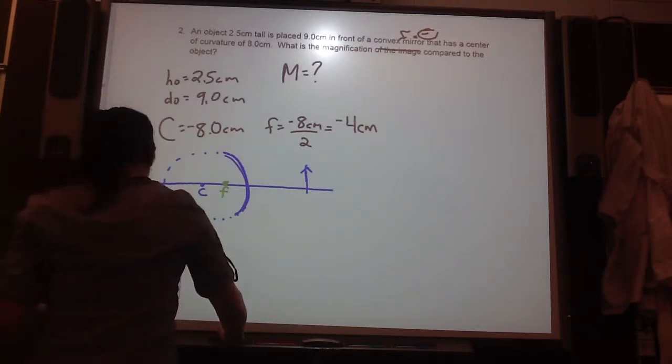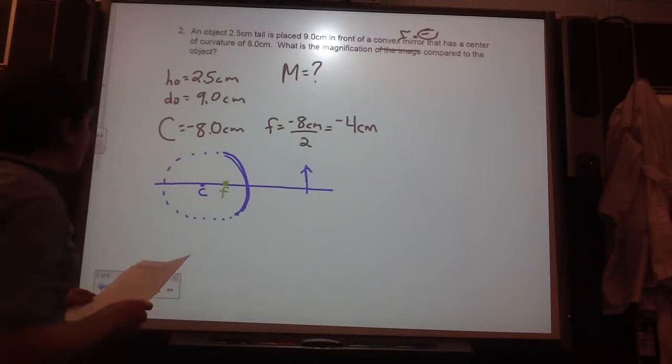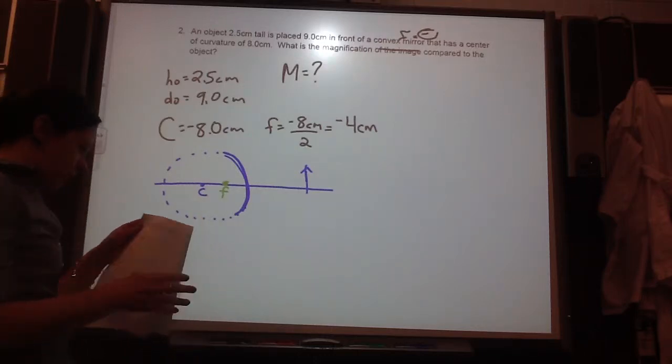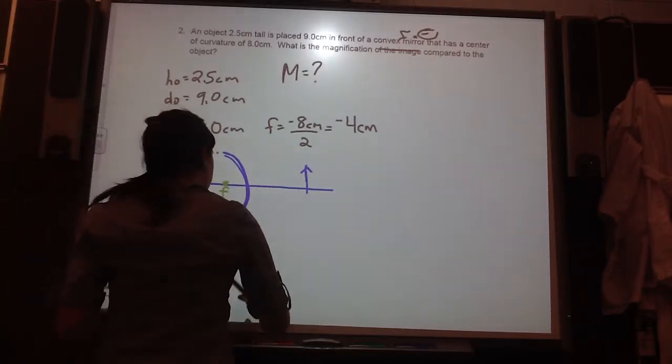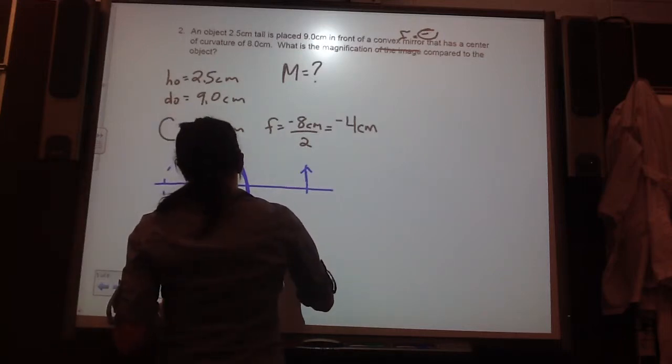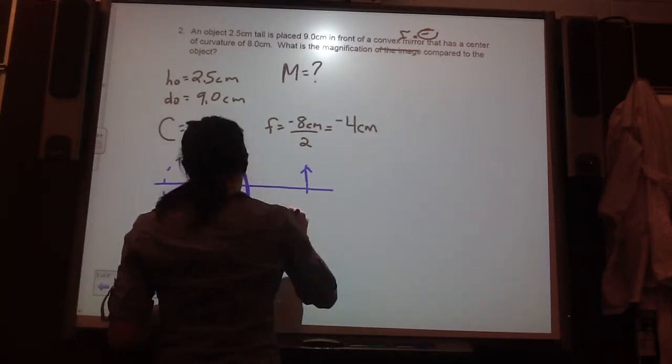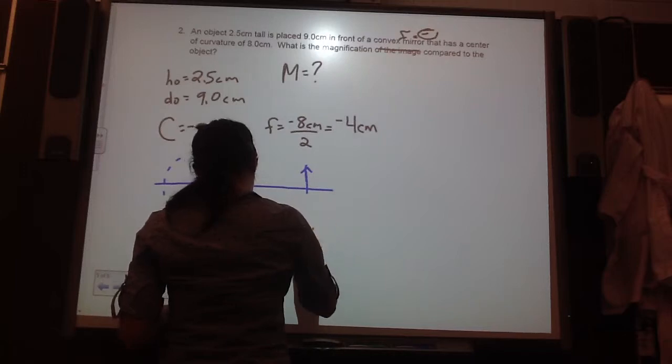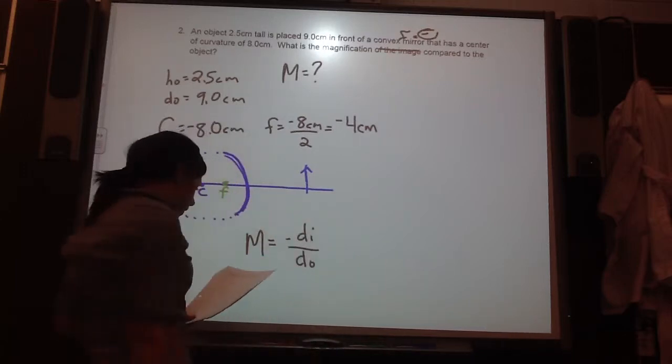So the formula that we'll end up needing is M is equal to negative DI over DO.